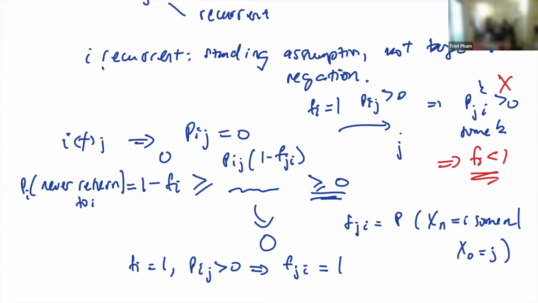This is guaranteed. It is equal to 1. This means P to the n Ji must be positive for some n. Does that make sense?